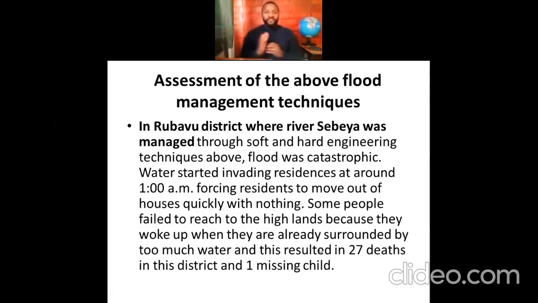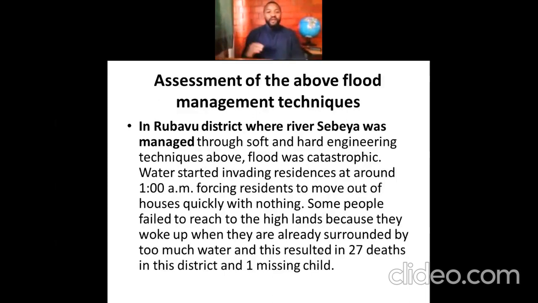So to be specific with the assessment of the scheme, the management scheme that was put in place in Rubavu district, you remember you had soft engineering and hard engineering. In Rubavu district, water started invading population at 1 a.m. So from that time, it forced residents to move out of their houses very quickly without anything.